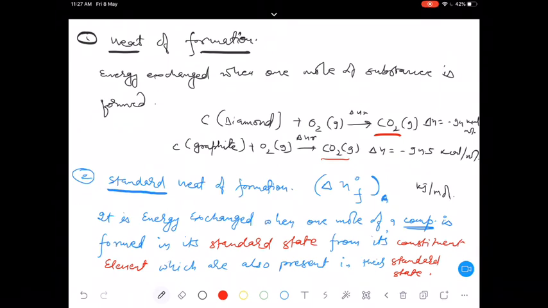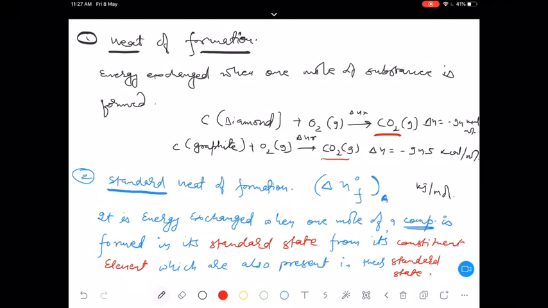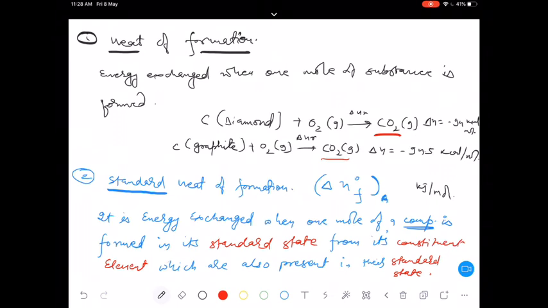Just go through these definitions. I suppose done. Let's start with the various examples.